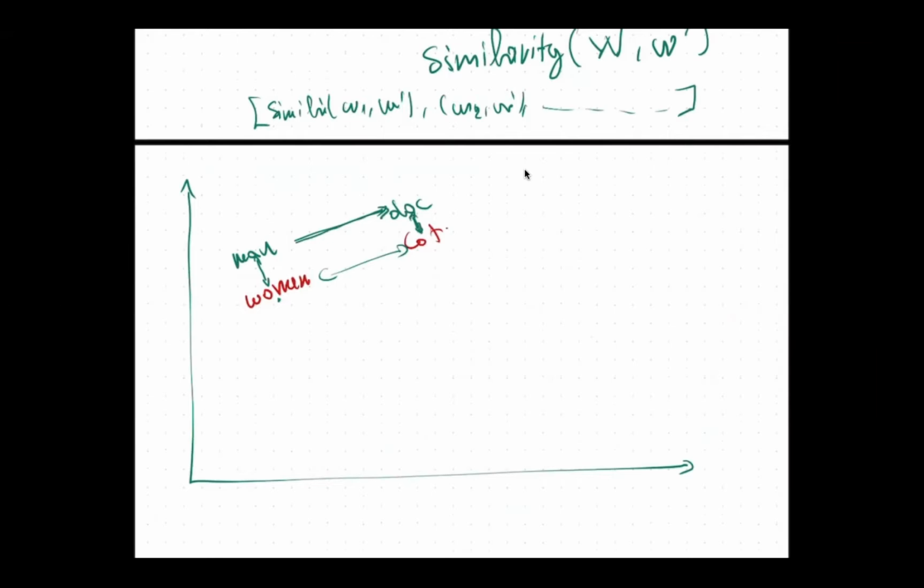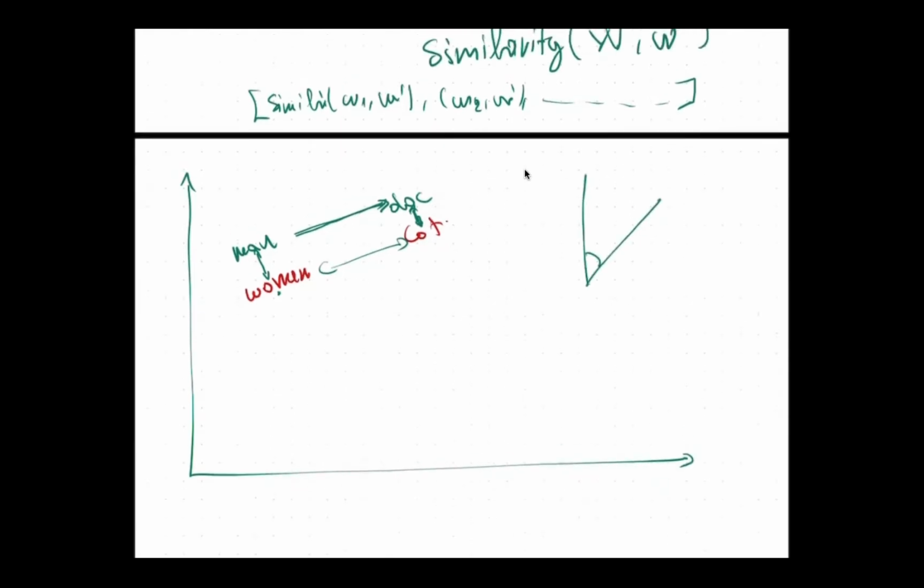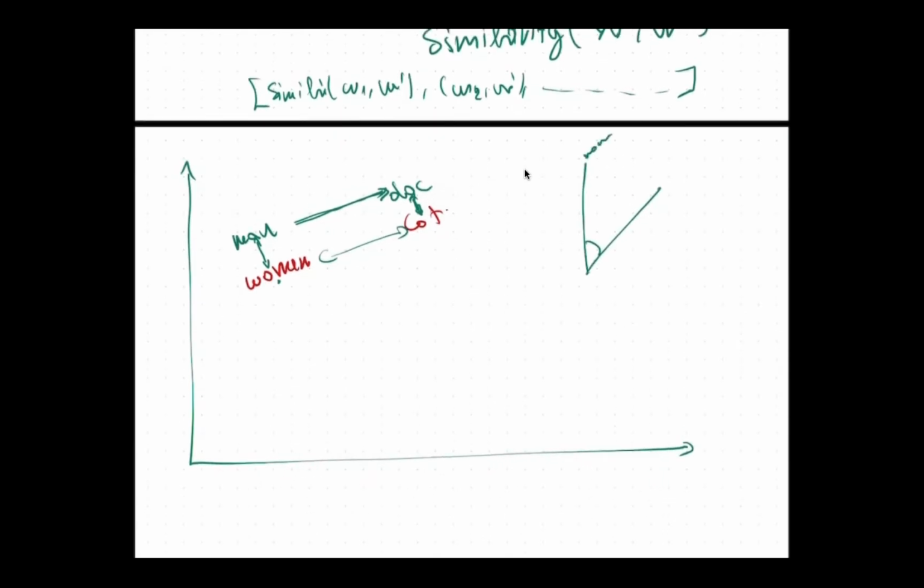So the embedding also encodes the semantics behind. Such that if you compute the similarity between men and women, it will be larger than the similarity between men and cat.